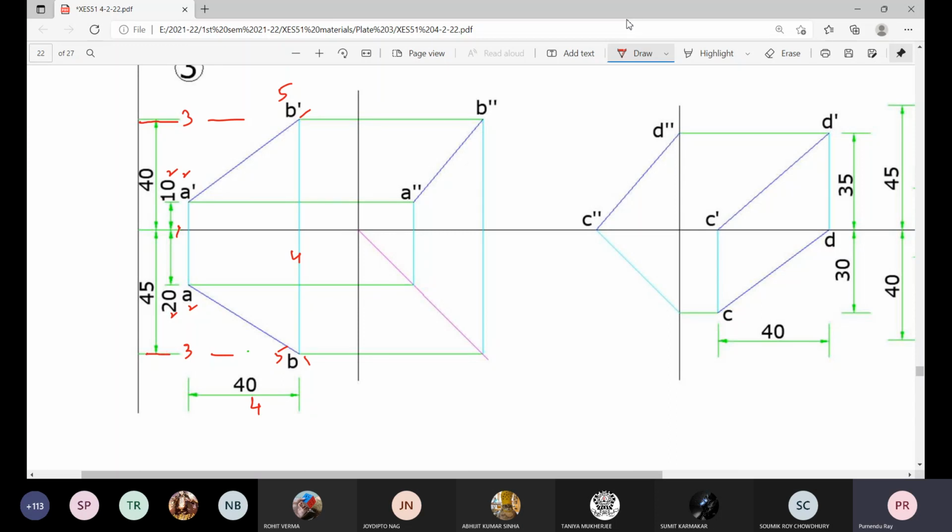But this 40 millimeter criteria you have to satisfy. So in the third step, we draw these horizontal lines that give the distances at which B and B dash will be. Then at a distance 40 millimeter, draw this vertical projector line, line 4. And this point of intersection will give us the location of plan and elevation B and B prime. Okay.